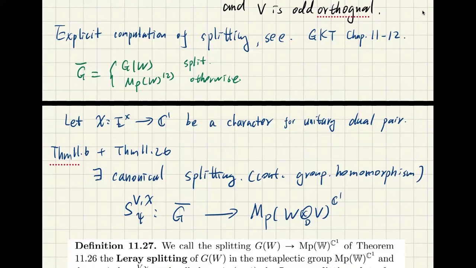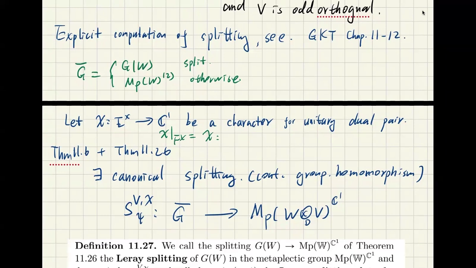So basically, you need a character chi from E cross to C1 such that chi restricted on F cross is the character defined by the norm.